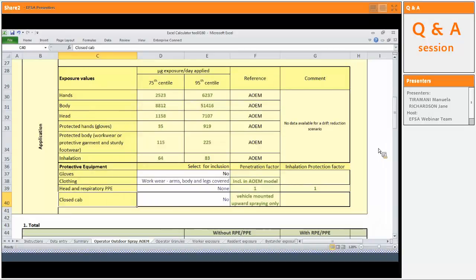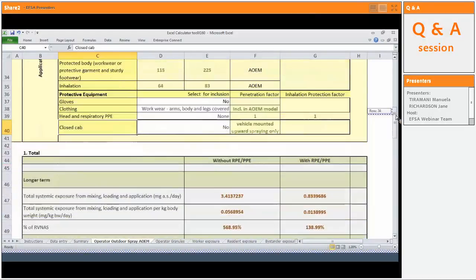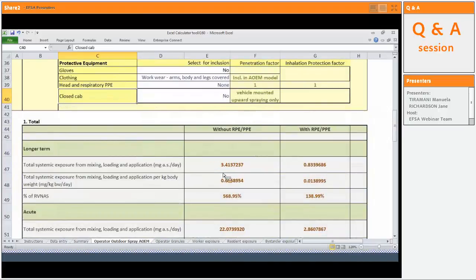Shall we just have a look and see what happens with and without? So here, for example, we can see without PPE, so this is the potential exposure, we're above the AOEL. And with PPE, and in this case so far, we're only considering the workwear. We're at 138.